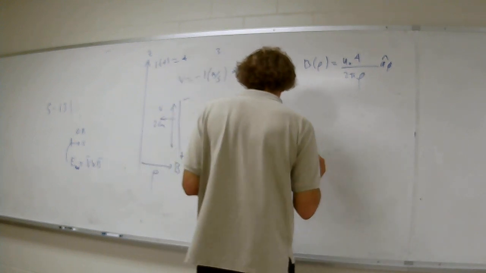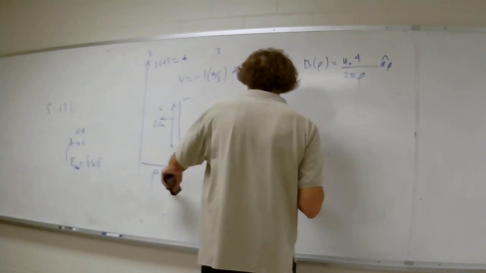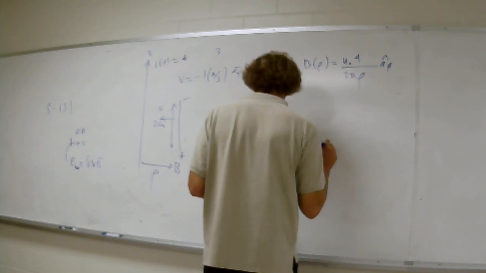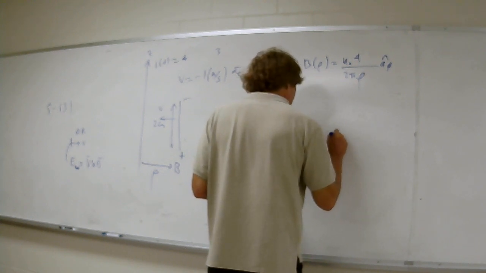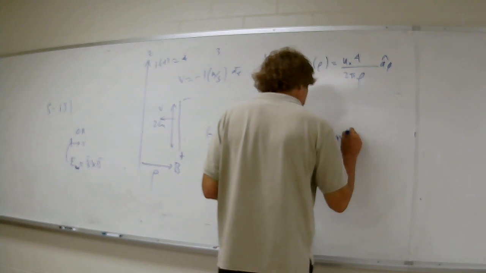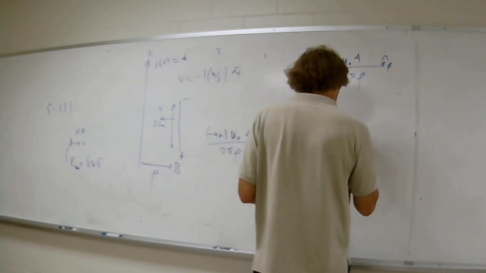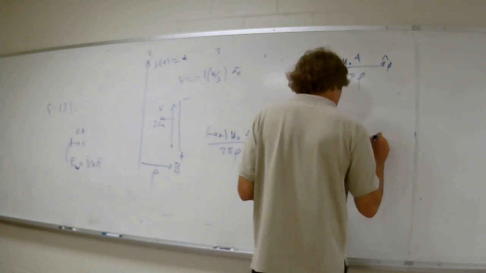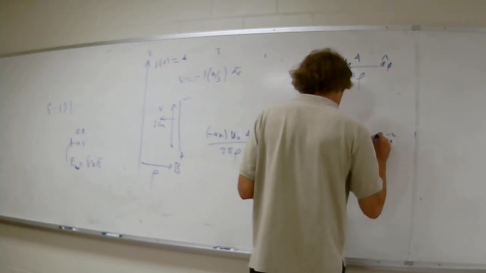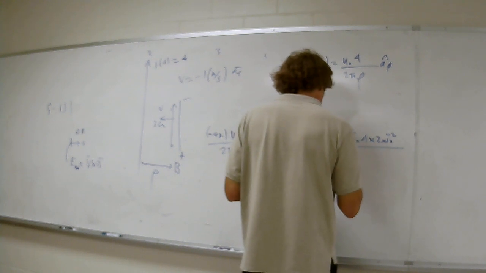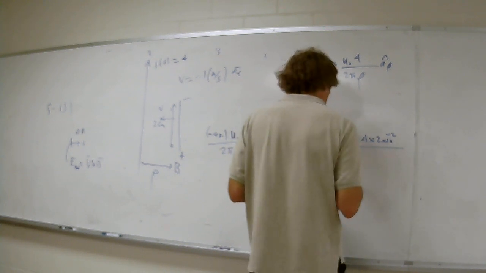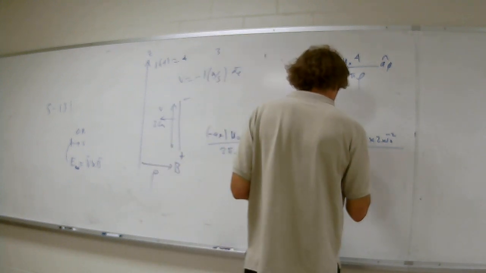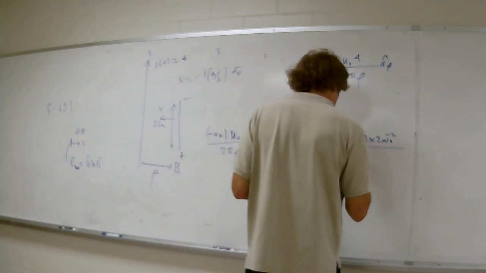So what does this look like? The actual voltage is equal to mu 0, which is 4 pi times 10 to the minus 7, times 4, that's the current, times 2 centimeters, which is 2 times 10 to the minus 2, over 2 pi rho. They want it for rho equal to 10 centimeters, so that's 10 to the minus 1.